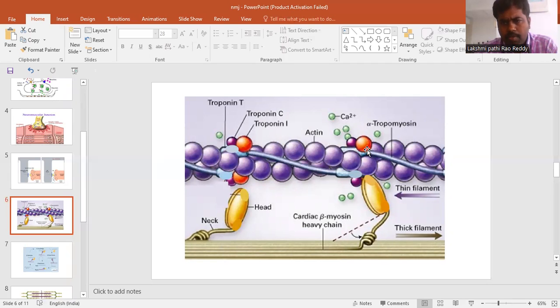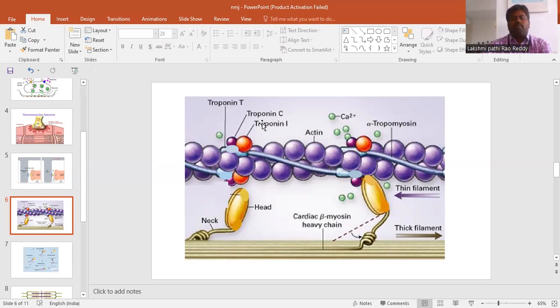You can see this filament as tropomyosin, alpha tropomyosin. See, this is troponin T. Next, troponin C and troponin I.